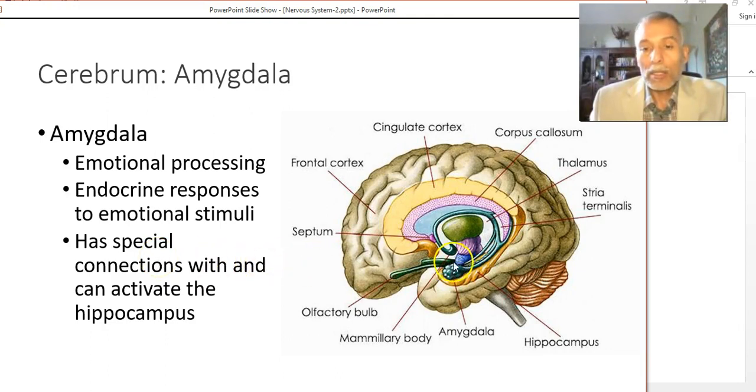There are two pathways between the amygdala and the frontal cortex of the brain, the prefrontal cortex here. That is where your judgment and decision making and so on is. One pathway that originates in the amygdala gives you information about your emotions.